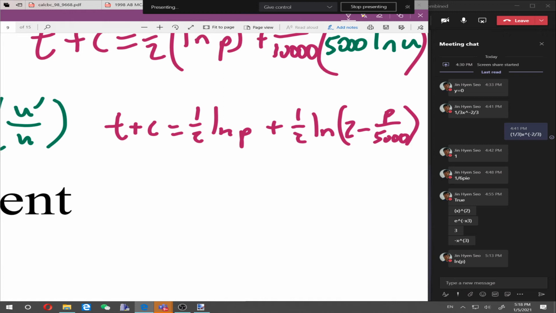Use e to the t plus c power for both sides. Okay, I could do that in a minute, but in order to do that, I need to get the natural log of something alone on this side.